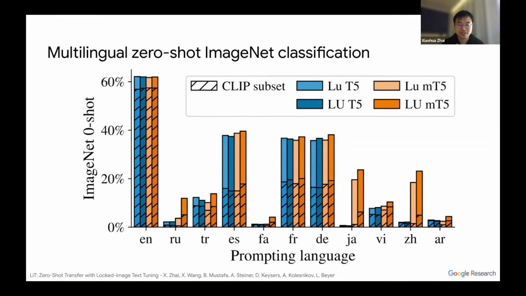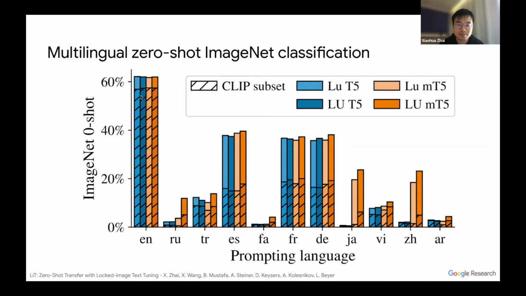This plot shows it's indeed the case. If we train the model on the original CLIP subset, which is a filtered subset by the CLIP paper, that only contains English, the model actually performs pretty well on the English dataset. But if you look at other translated ImageNet variants, the model just drops by a big margin.